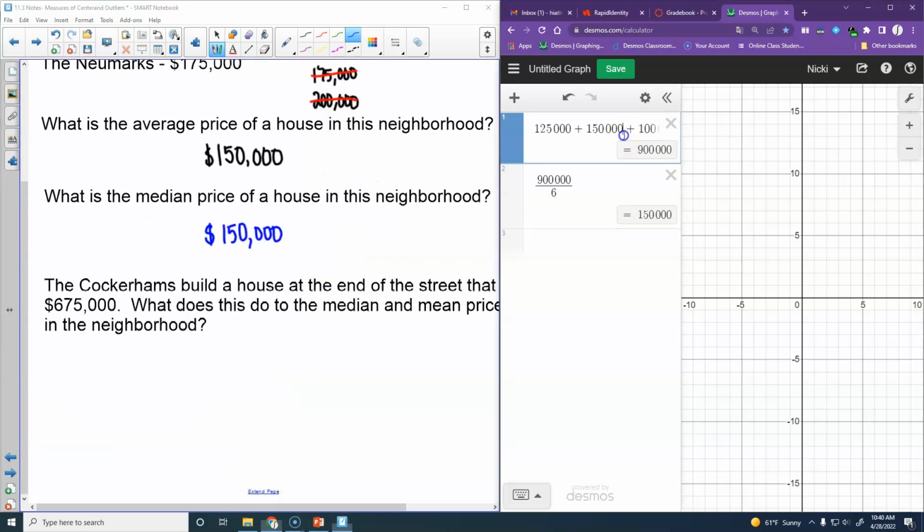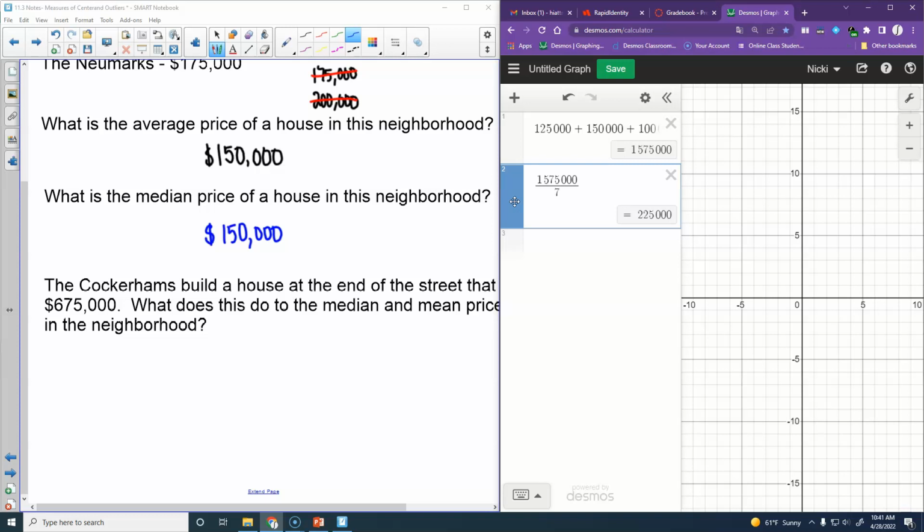If we're adding 675,000, that raises our total to 1,575,000. If we divide that, what number should I divide it by? 7, because I've got 7 houses now since I added the Cockrams.